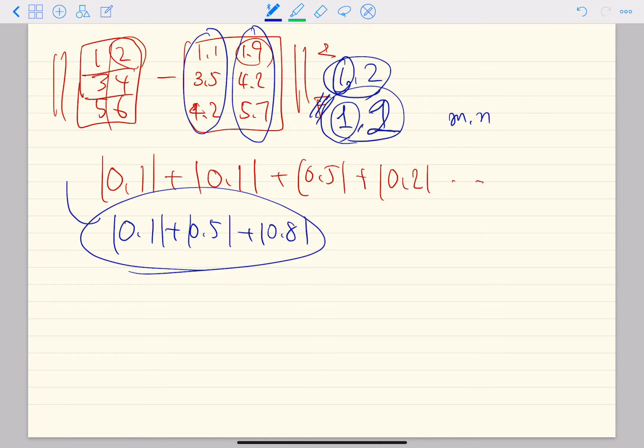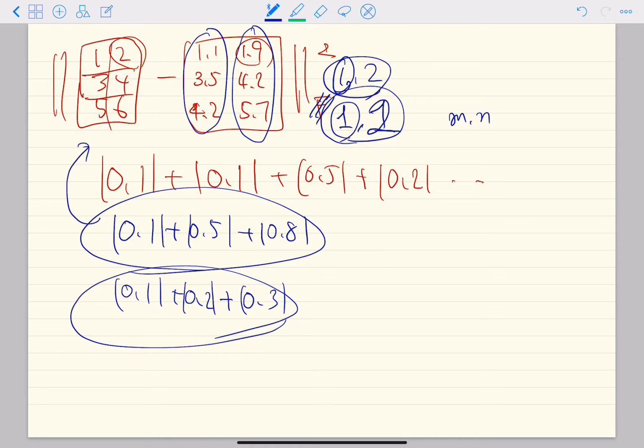So this is the L1 norm of the first column, and the second one is this one, right? And once computing it, we just compute their L2 norm.